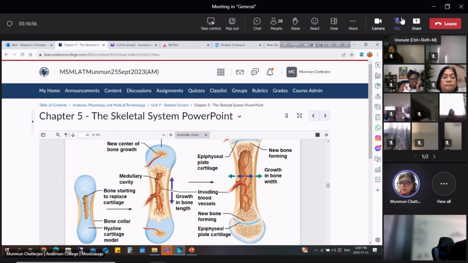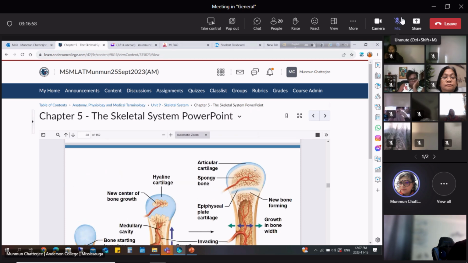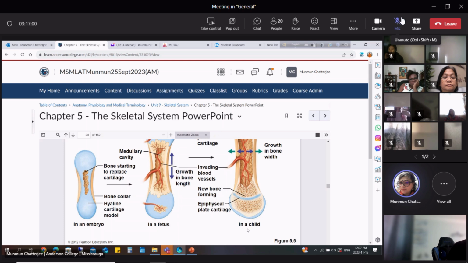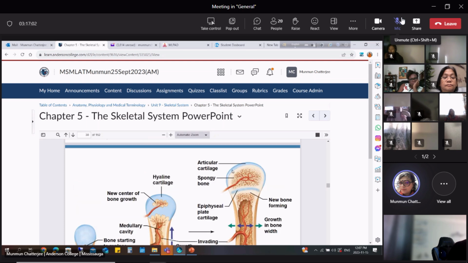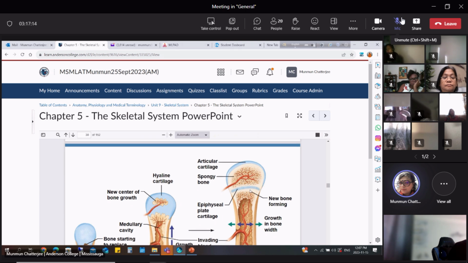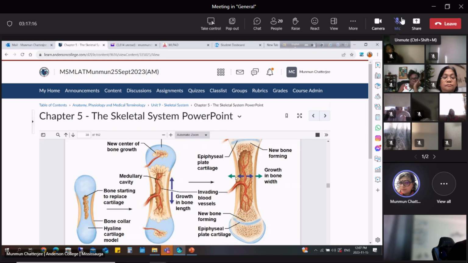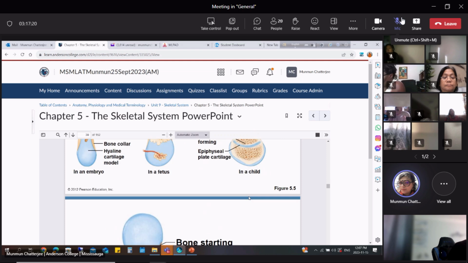Then slowly it becomes totally grown bone in a child. There is still hyaline cartilage, new bone forming areas. The hyaline cartilage is developing and this cartilage is getting ossified to lengthen the bone. And this is the epiphyseal plate. And the bone growth on this side is the appositional growth. Okay, good.